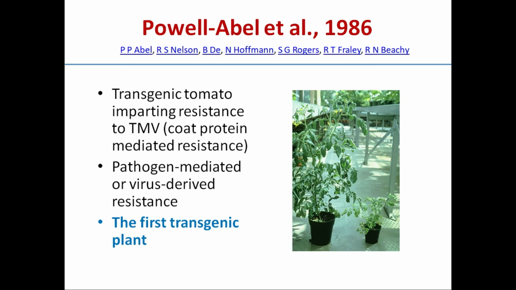So this is also an example of the first pathogen-mediated or virus-derived resistance in the plant. This is the first transgenic plant ever developed, and it is against a plant virus using a virus gene as the source of resistance.